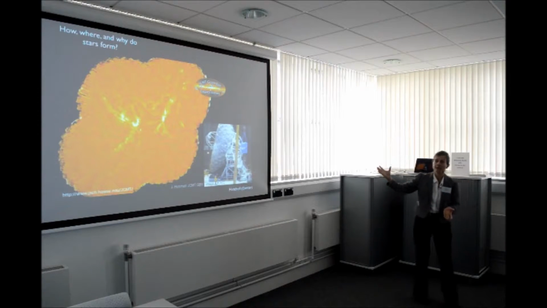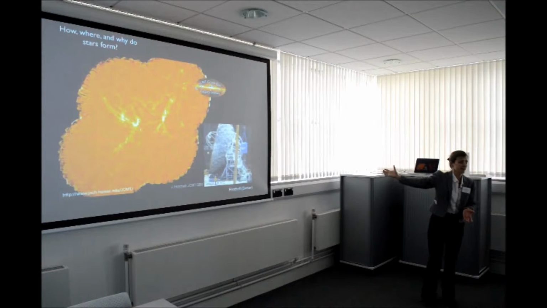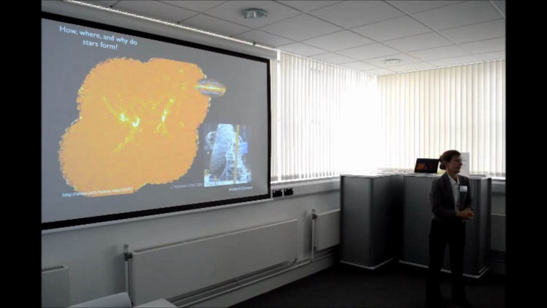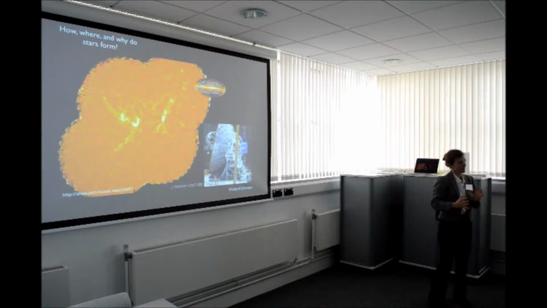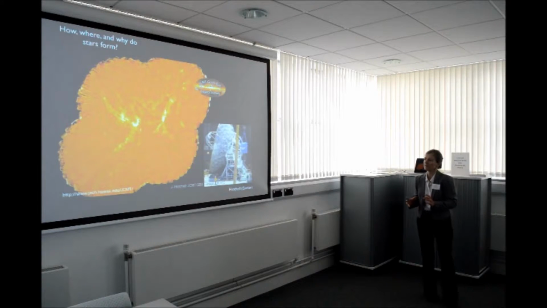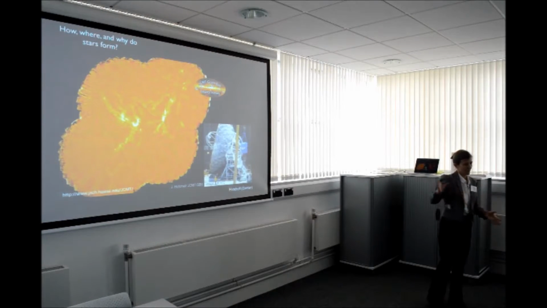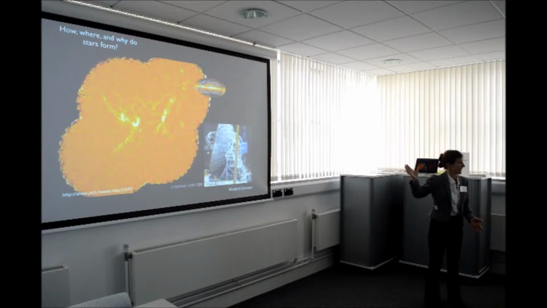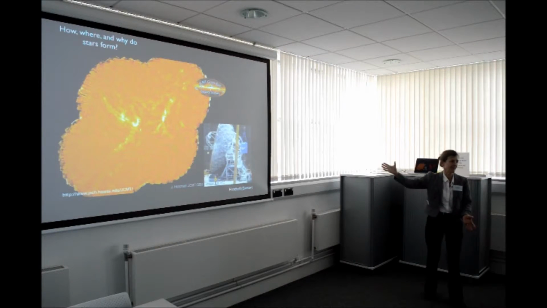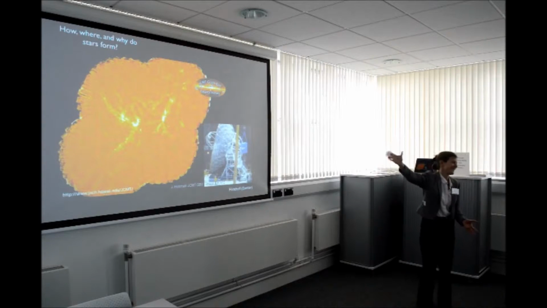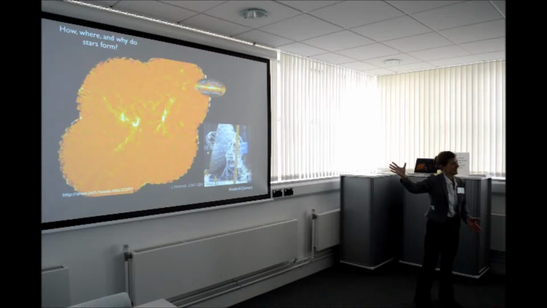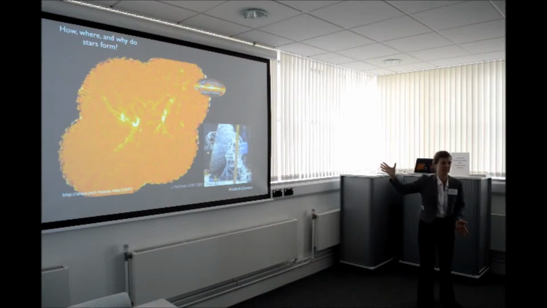In my case, I'm observing using this telescope, which might look like a large satellite dish. That's because it's working at longer wavelengths, so millimeter wavelengths. And what we're observing with telescopes such as these is the actual gas and dust in space as it's coming together to form stars. So in this image here, you can see a real star-forming region.